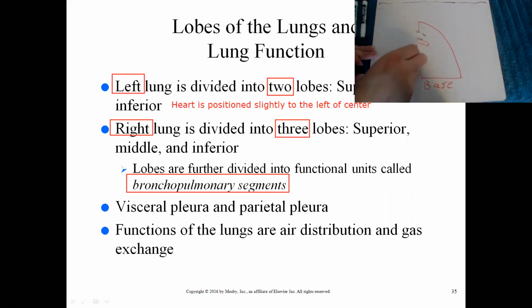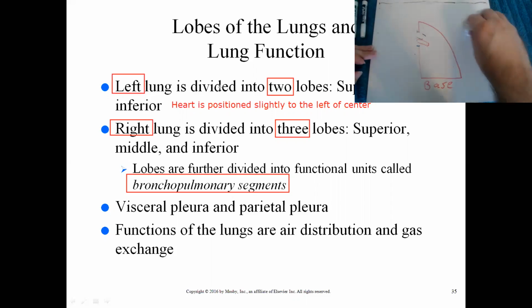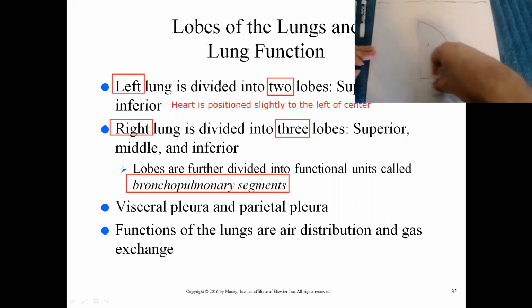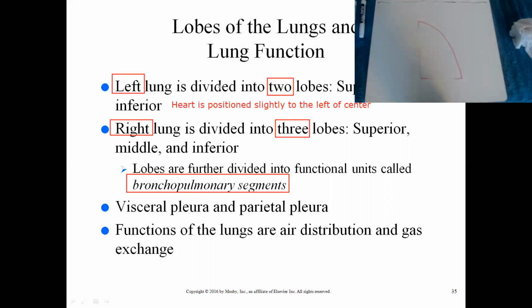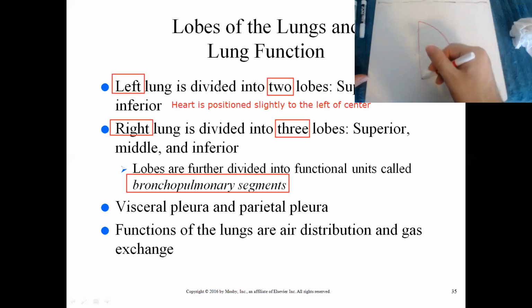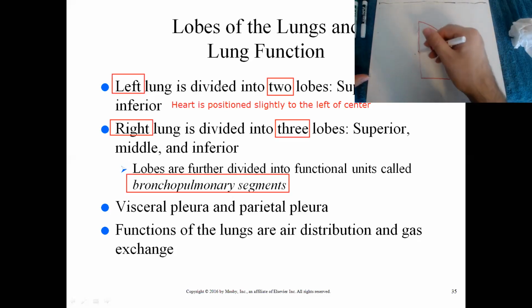I mentioned it very briefly in my class. I mentioned it in Unit 2. We talked about membranes, epithelial membranes, but not in much detail. So I'll go into detail here.